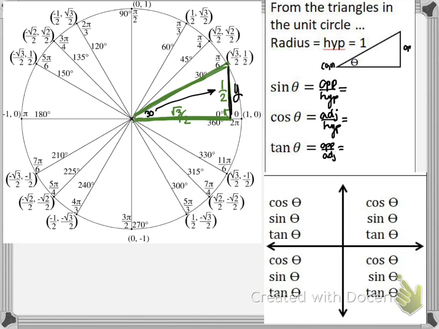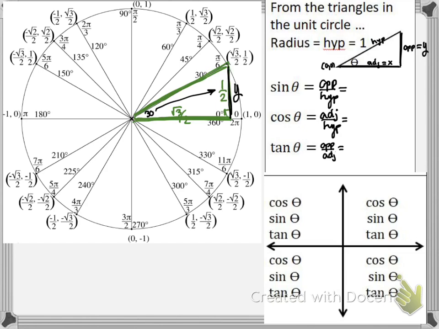Here's opposite. And opposite, because it's going up and down, is always going to be my y value. Here's adjacent. And adjacent, because it's going left to right, is always going to be my x value. And then this diagonal one is my hypotenuse, and it's always a 1.